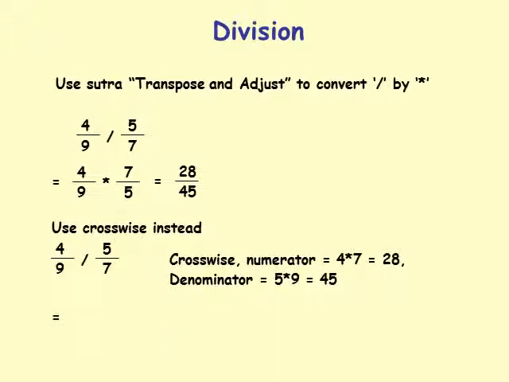Now the crosswise numerator is 4 times 7, 28, and the denominator is 5 times 9, which is 45. So we can do crosswise and keep the divide by sign, or we can do it horizontally and apply transpose, change the sign to a multiply by and take the reciprocal of the second fraction.